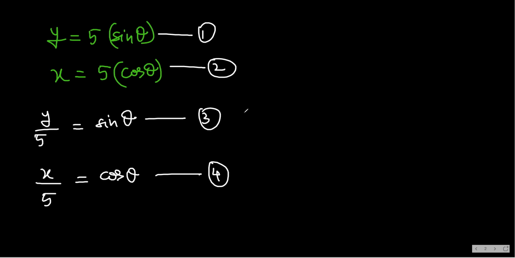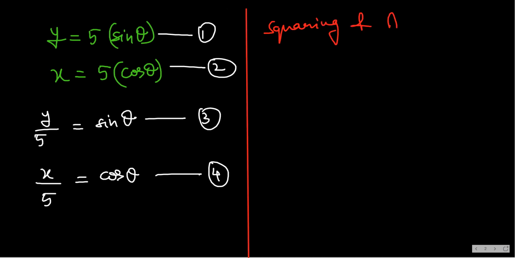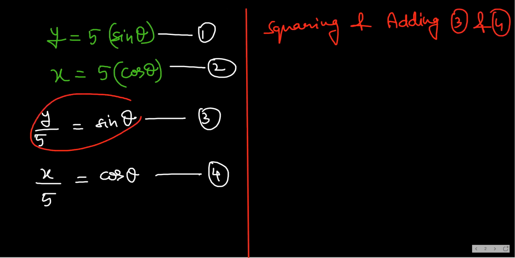Now, squaring and adding equations 3 and 4: you square this and square this, then add them. When you square equation 3, you get y square upon 25.